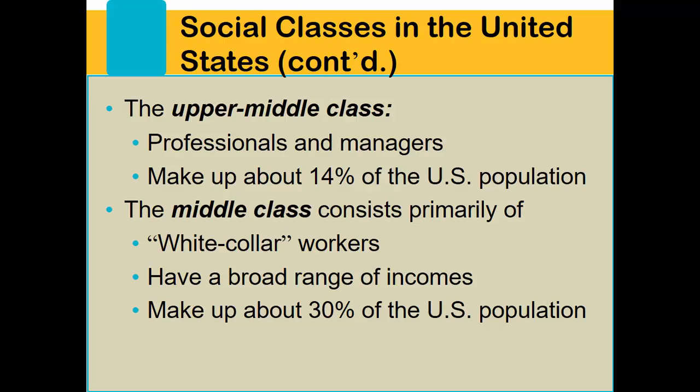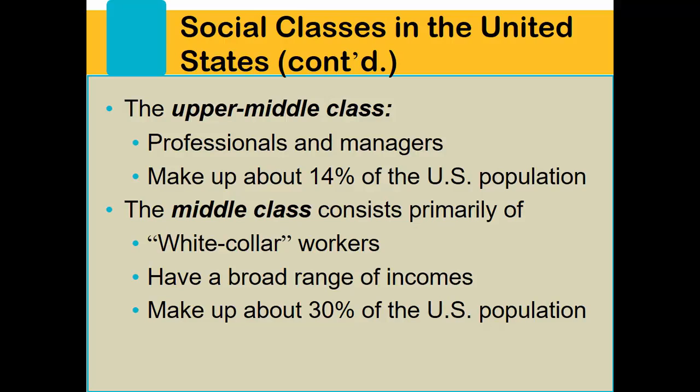Upper middle class are the next people in our class system. If you know somebody that's rich, they're probably upper middle class. These are people that are professionals, including lawyers and doctors, as well as managers. The upper middle class make up about 14% of the total U.S. population. The middle class consists primarily of what we would call white-collar workers.